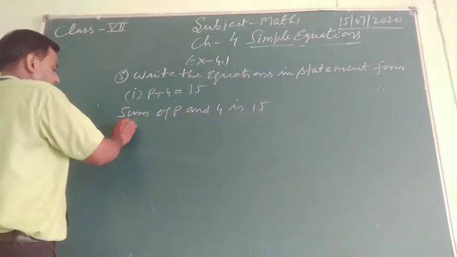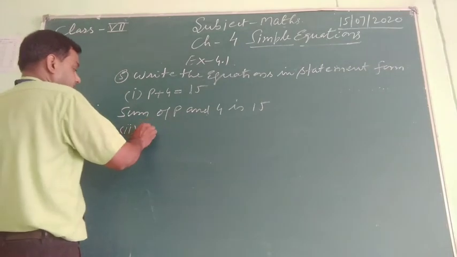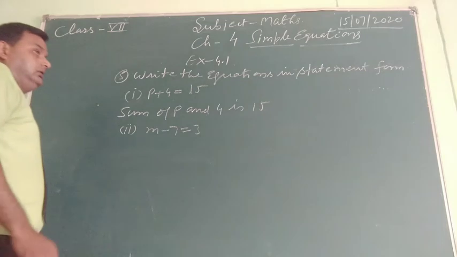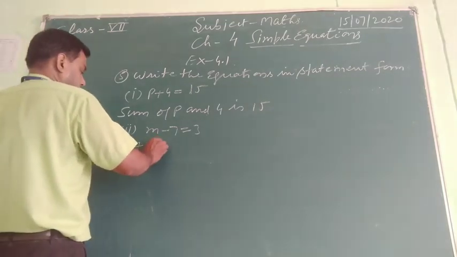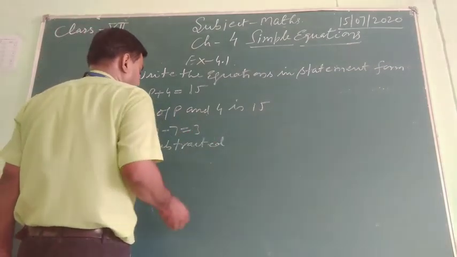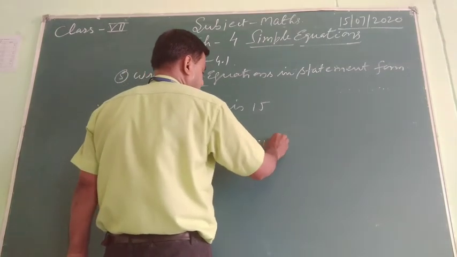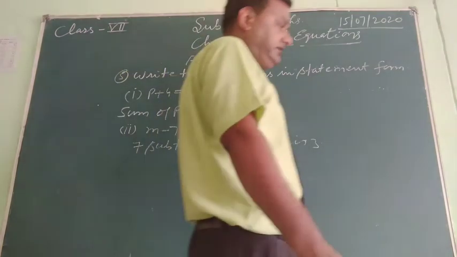Now the second part is m minus 7 equal to 3. 7 subtracted from m is 3. Is it clear?